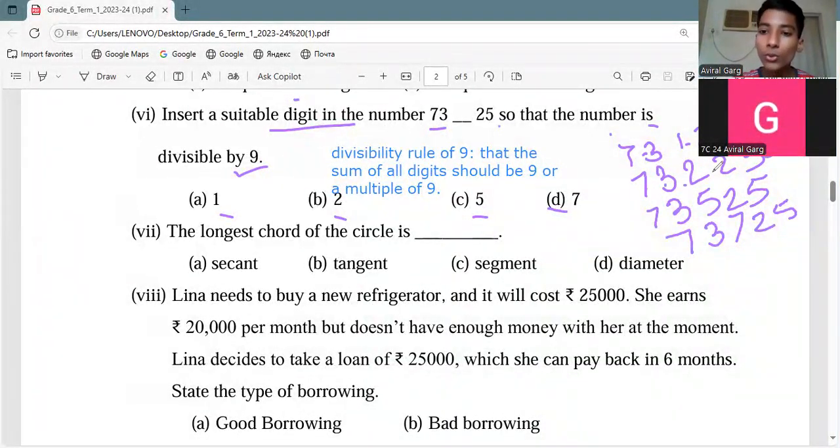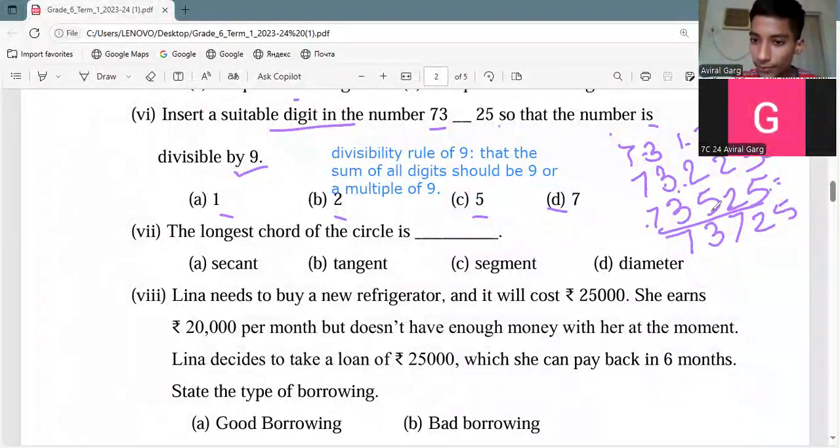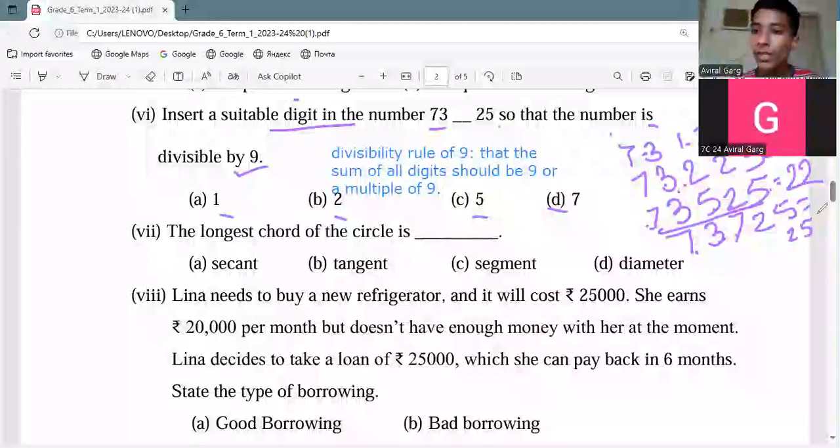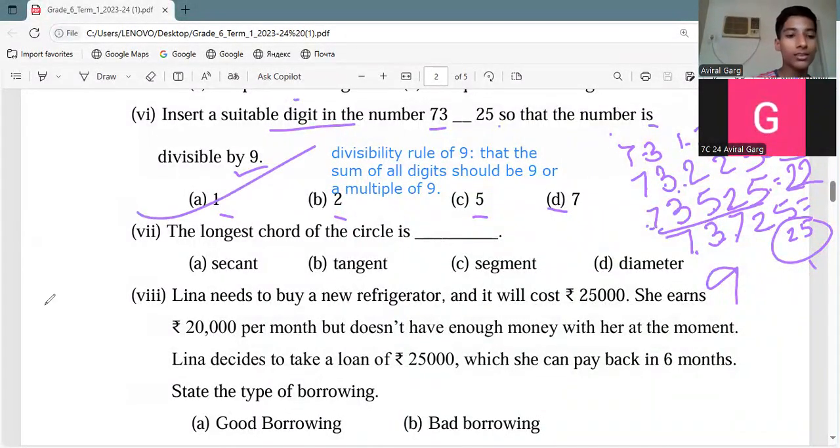The next is 19, then 21, then 22. And here 7, 3, 10, 17, 19. 19 plus 5 is 25. So out of these, which of them is a multiple of 9? Multiple of 9 means table of 9. Which of the following comes in the table of 9? 9 twos are 18, right? So option A is the correct answer.